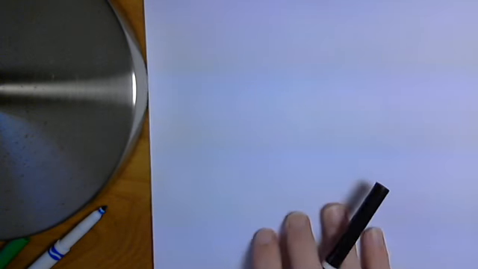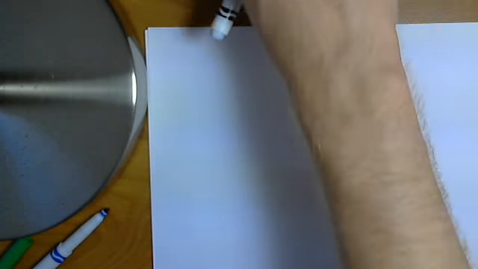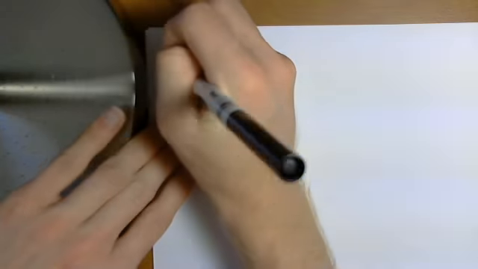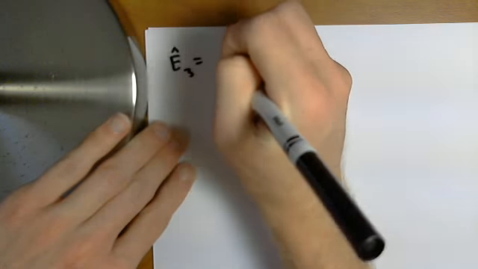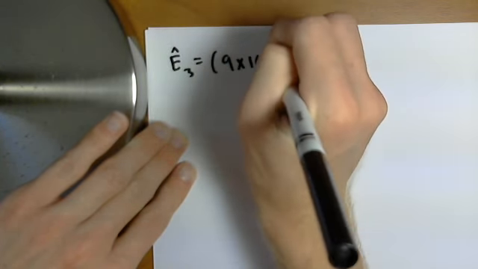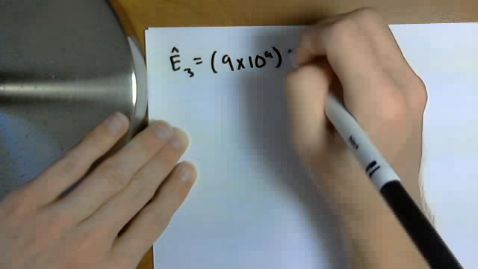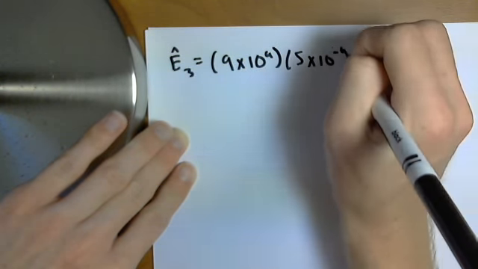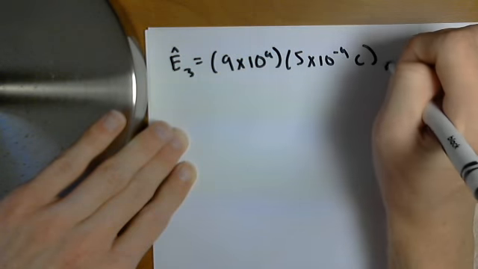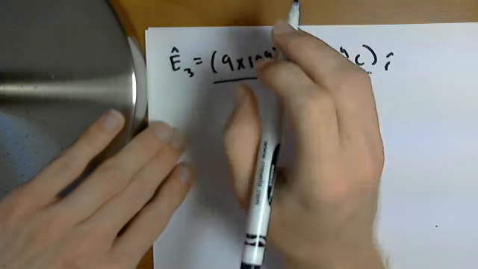Finally, we're going to do the third one. We're going to use the same equation as before. So E3 equals 9 times 10 to the 9th times 5 times 10 to the negative 9th coulombs, R hat, over.